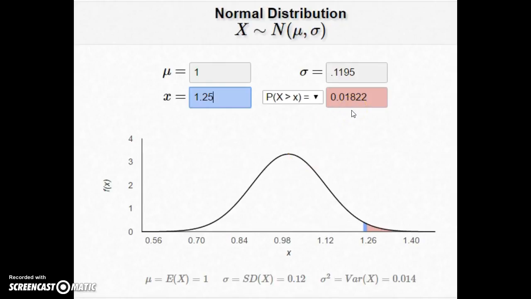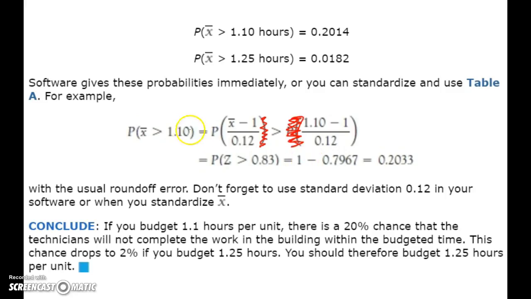And to get that, we would set up the exact same problem, except we'd have x bar greater than 1.25 right here. Notice that this would not change. We'd still subtract that 1, the average of the distribution of sample means, and divide by the standard deviation of the sample means.